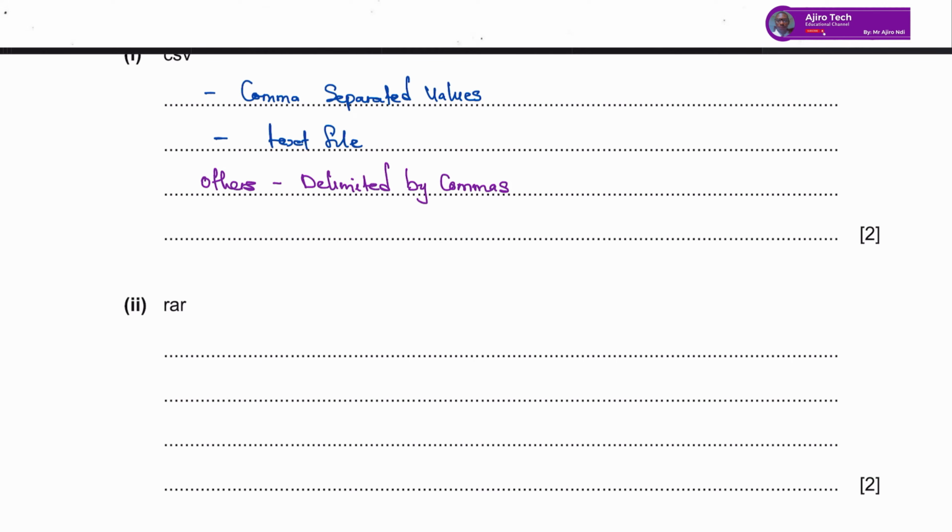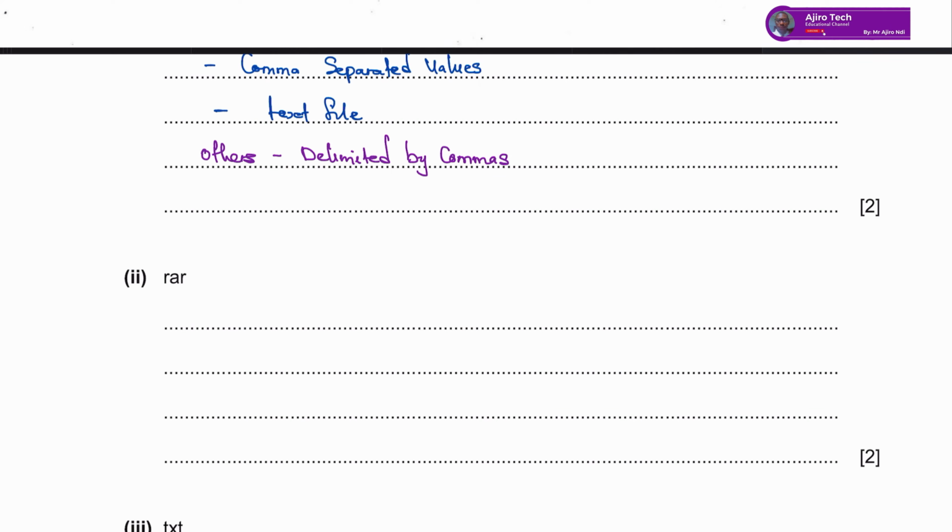Then we have the generic compressed files. This is very important. So we have the RAR, and this simply means that this is the Roshal archive. That's the first thing it means. And they are used for data compression.